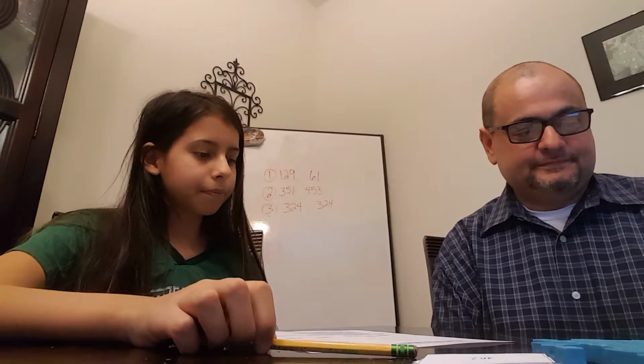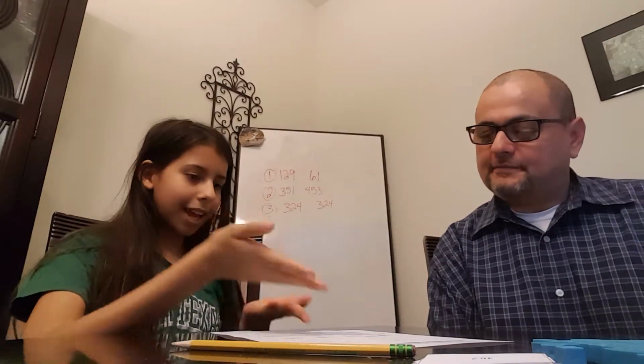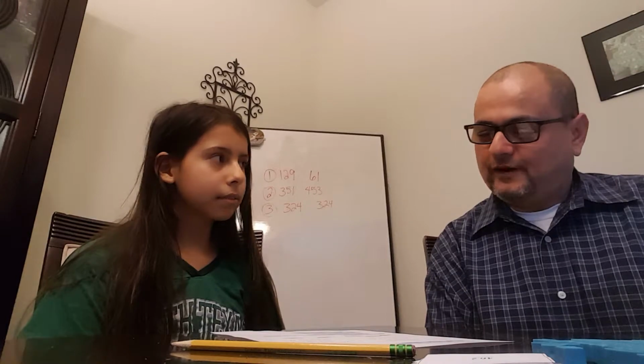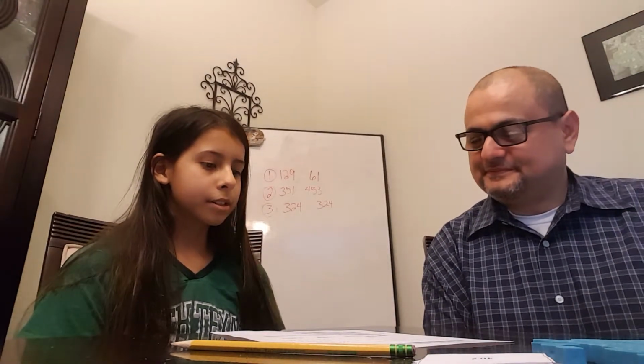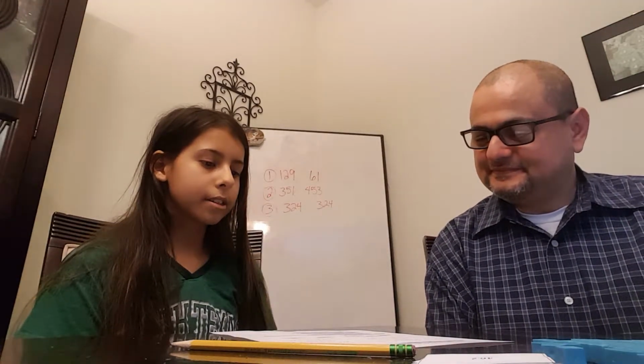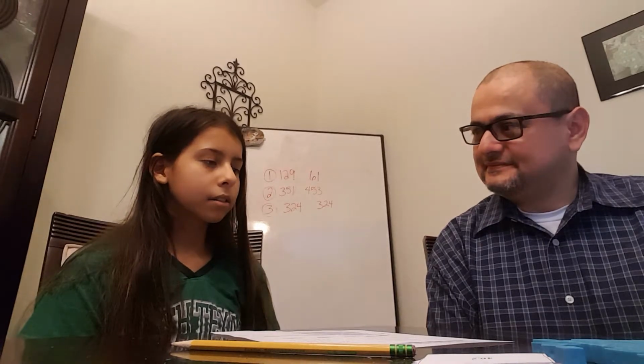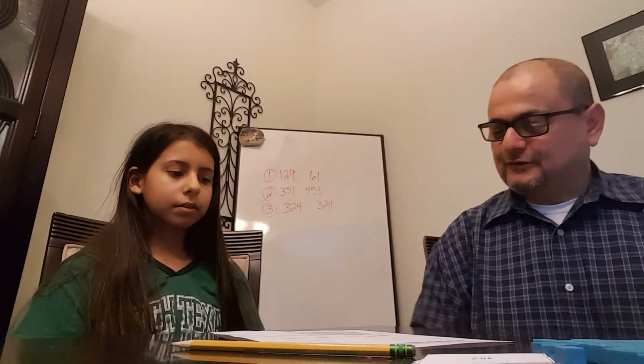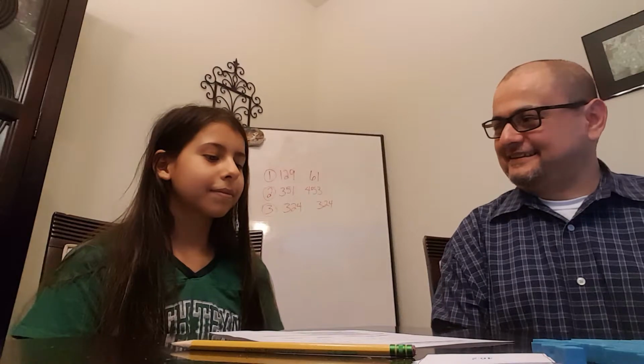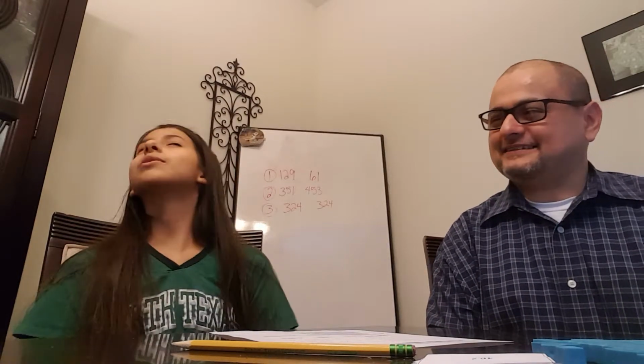Mm-hmm. Okay. Yeah. Why did you pick that answer? Because 2 is greater than 1, and it's in the same place. Okay. So that 0 didn't trick you up front. It almost did. Why is that? But how come you could tell it was not?